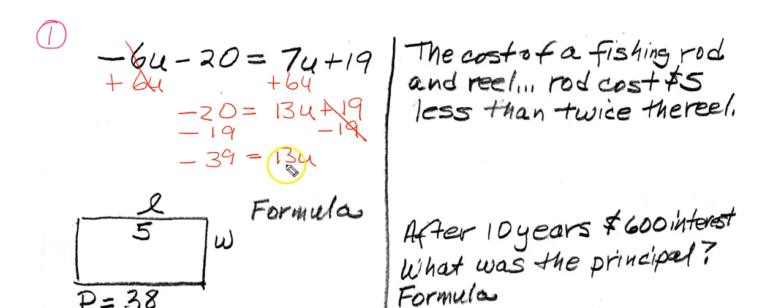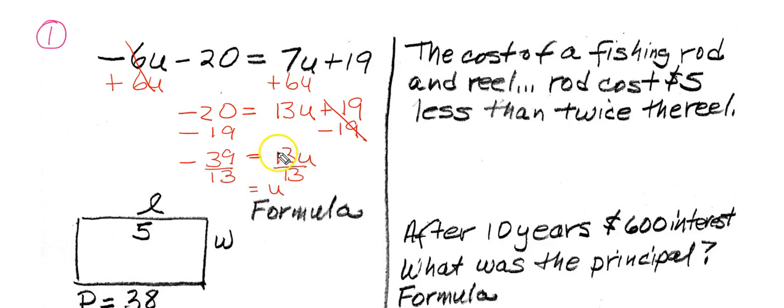Now, to get rid of the 13, that's with the u. This is the numerical coefficient. We often divide by the numerical coefficient of the variable. And since this is a positive, we're dividing by a positive.